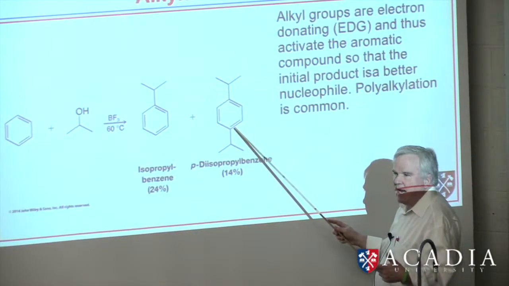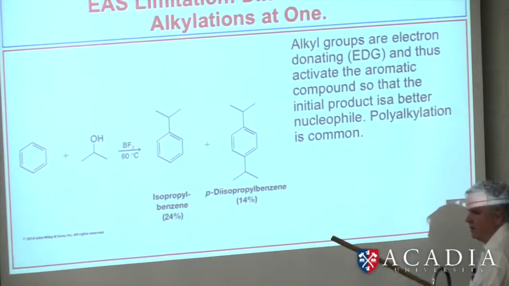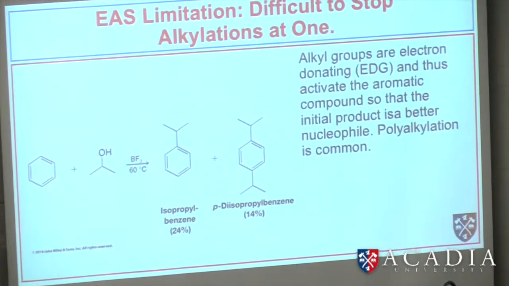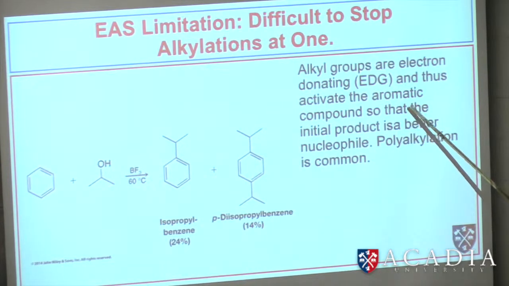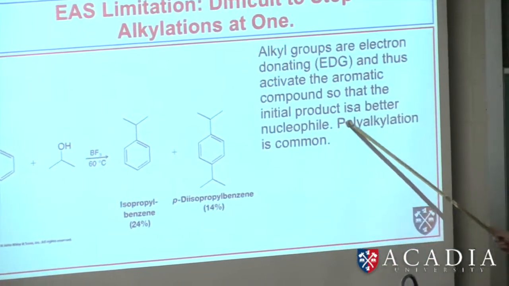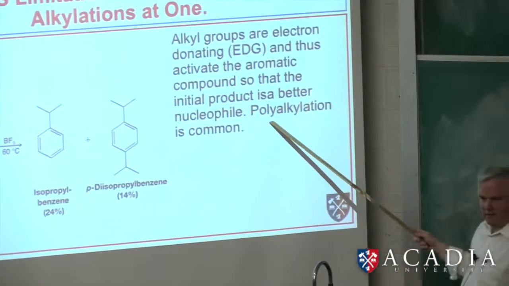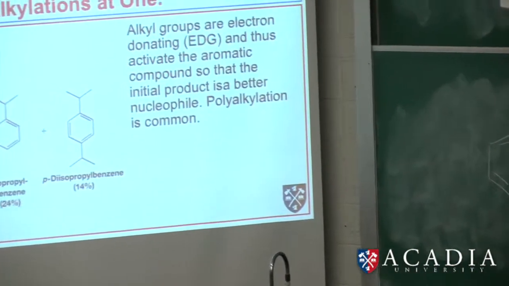And in fact, in some reactions, we can even get three alkylations, depending on the reactions we're doing. So because alkyl groups are electron donating, they activate the aromatic compound, so the initial product is a better nucleophile than the initial reactant. And polyalkylation is common.